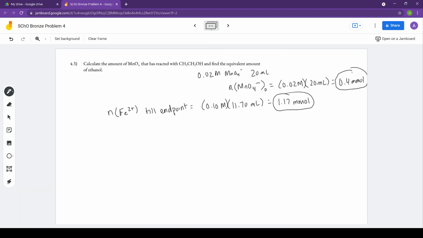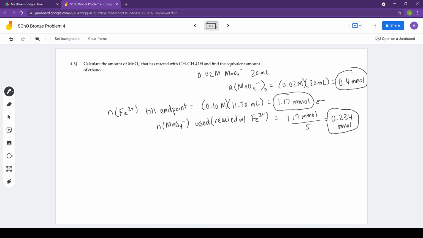If I want to know the amount of permanganate used, given this amount of Fe2+ used, the n of MnO4- reacted with the Fe2+ in my actual titration is the 1.17, but we have to divide that by 5 because there's a 5-to-1 ratio, which is 0.234 millimoles.